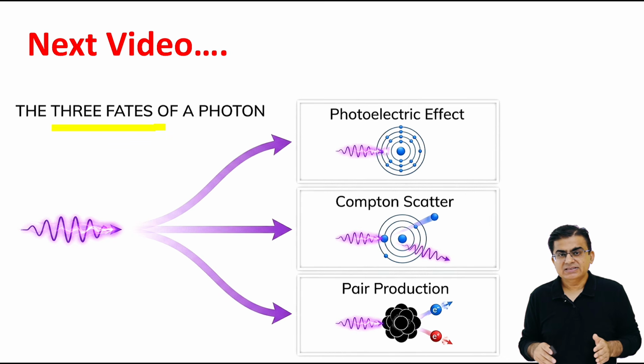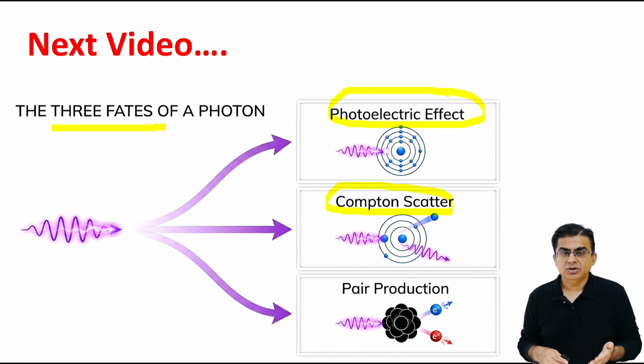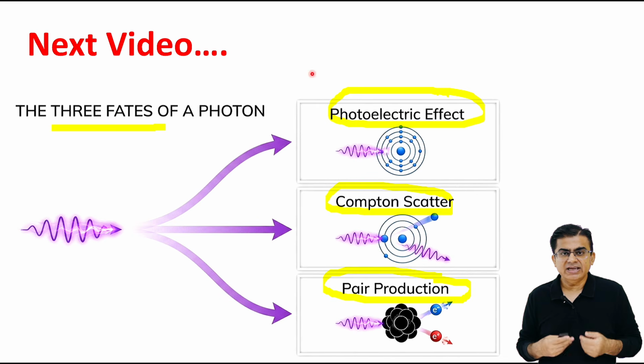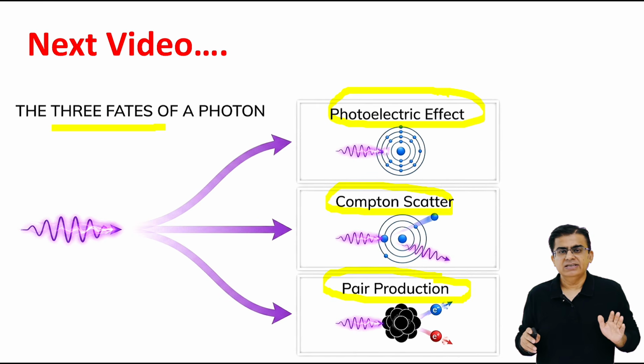We will thoroughly discuss the major fates of photons: photoelectric effect, Compton scattering, and pair production. Understanding these specific interactions is the absolute key to everything we do in radiation physics. It perfectly explains how we successfully destroy cancer cells while safely protecting the normal surrounding tissues. These core concepts are heavily tested in every single physics exam.